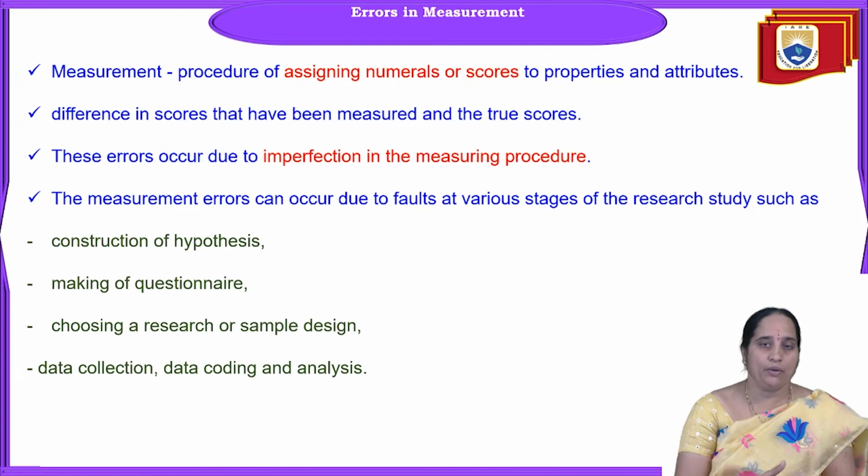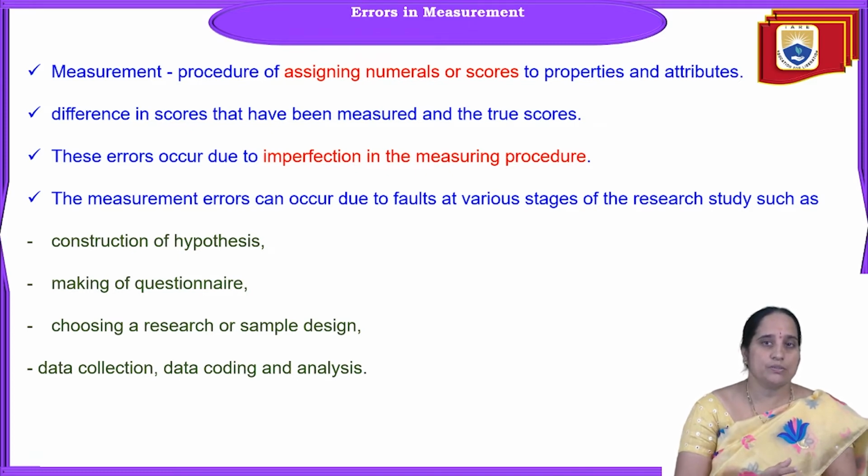Variables like height, weight, speed and velocity can be quantified. But for characteristics or attributes which cannot be measured in terms of quantity, we need to use some sort of measurement scales. So we assign numerals or scores to those attributes or characteristics.